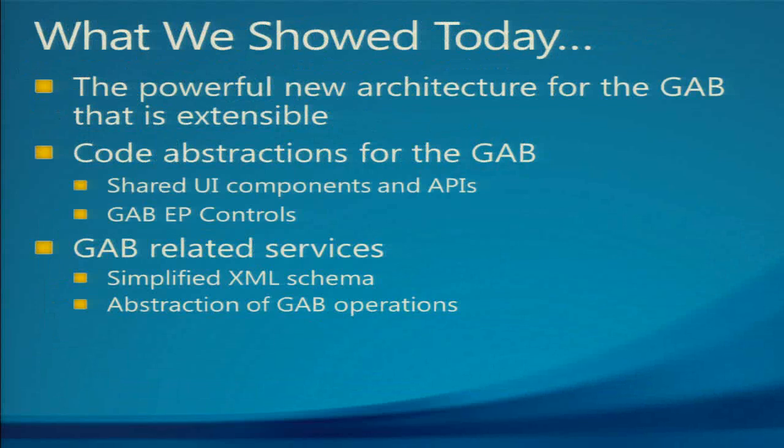What we've showed today is the power of the new GAB architecture and how extensible it can be. You can quickly create party roles. We've also shown some of the code abstractions we have in the GAB, shared UI components, APIs, and EP controls, which I talked about. Then also we have GAB-related services, abstraction of GAB operations, and also a simplified XML schema as well.